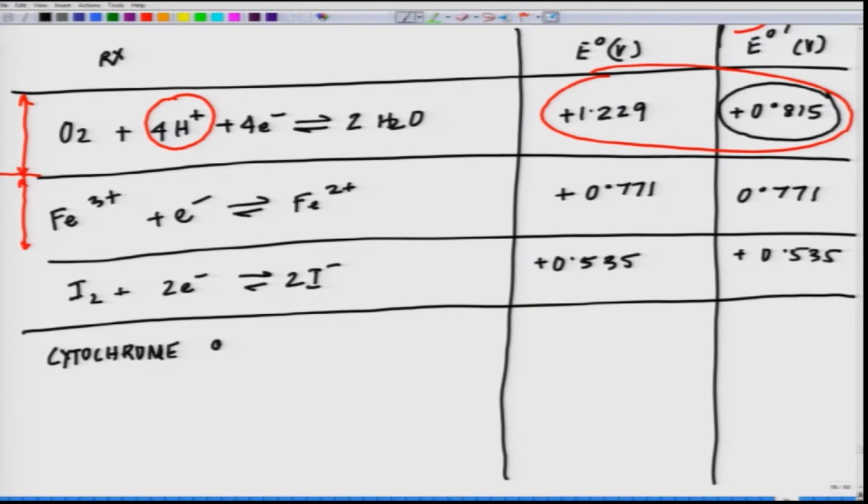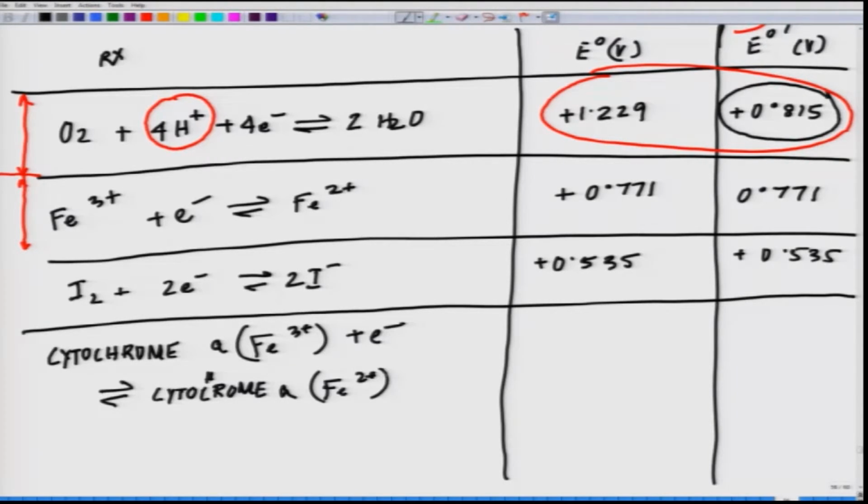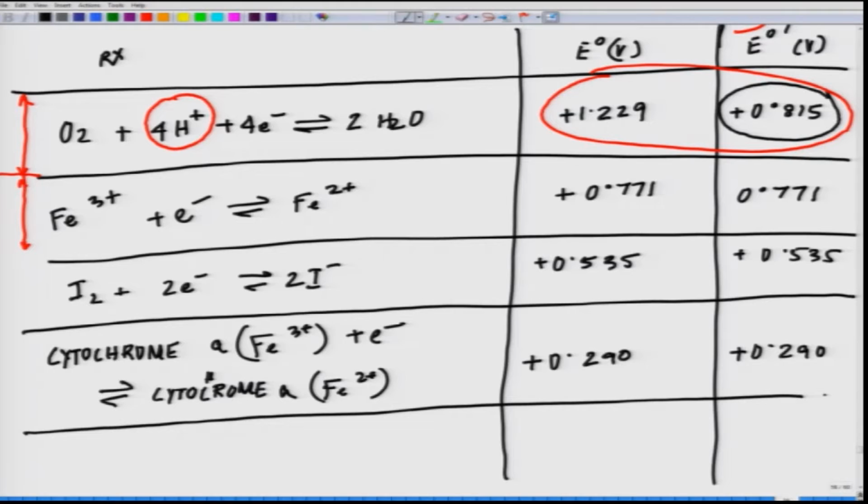Cytochrome a Fe3 plus plus electron becomes cytochrome a Fe2 plus, which is getting reduced, and the values are plus 0.290 and plus 0.290, because again there is no involvement of any hydrogen ion or any kind of acid-base situation.